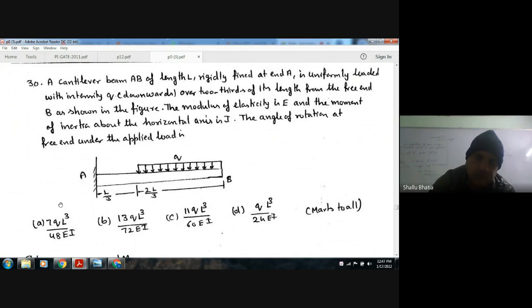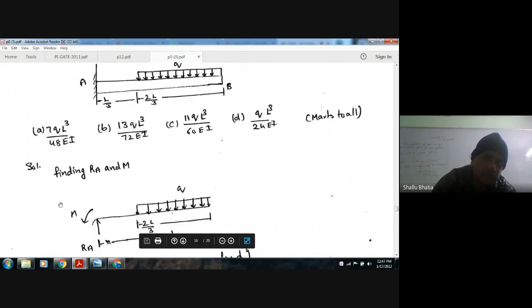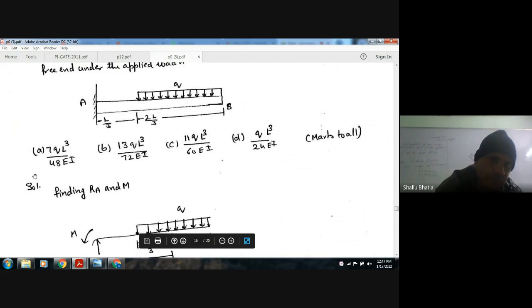This is the question for which marks were given to all, but we are solving it and getting the right answer.